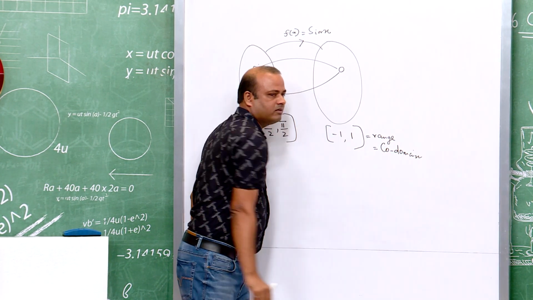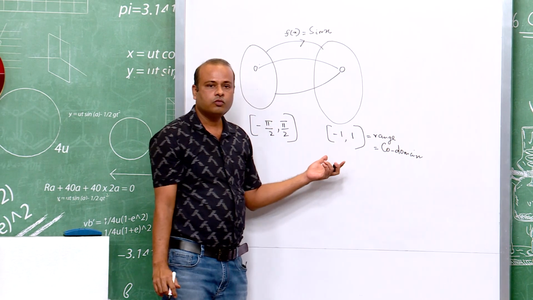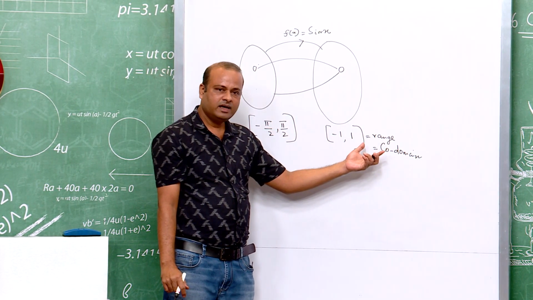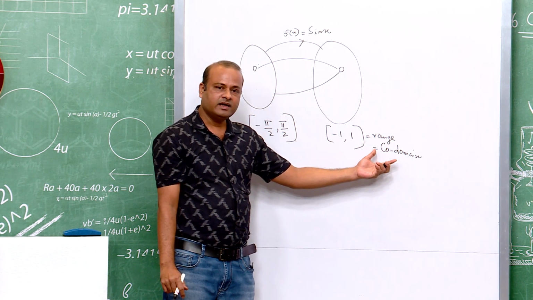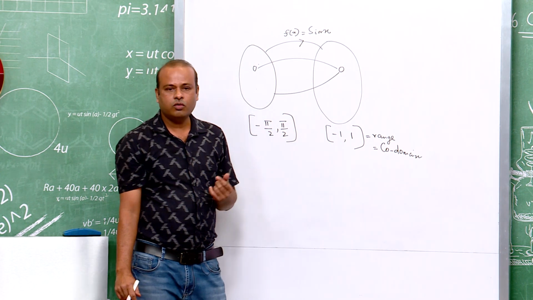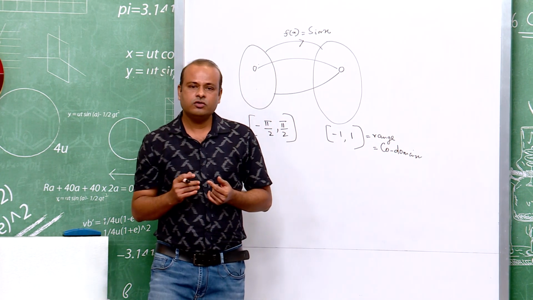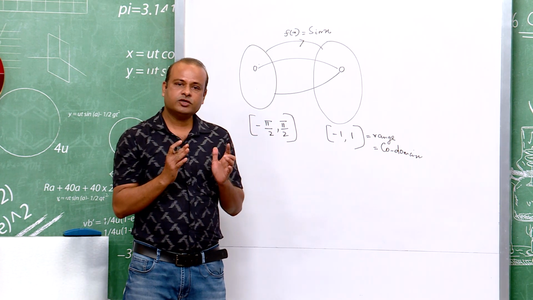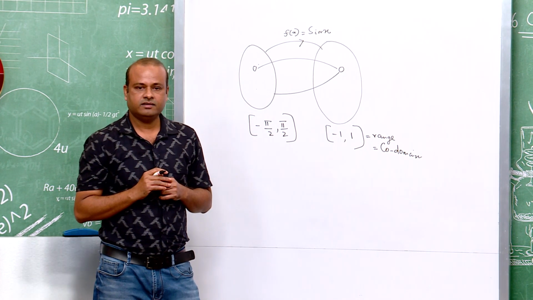Codomain is R, but for onto we take the range set as well as the codomain set as minus 1 to 1, and you know that for the function to be onto, the range set must be equal to the codomain set.